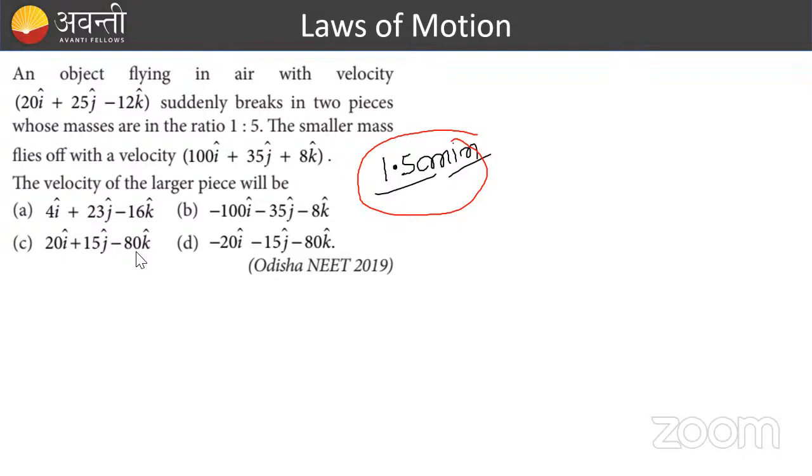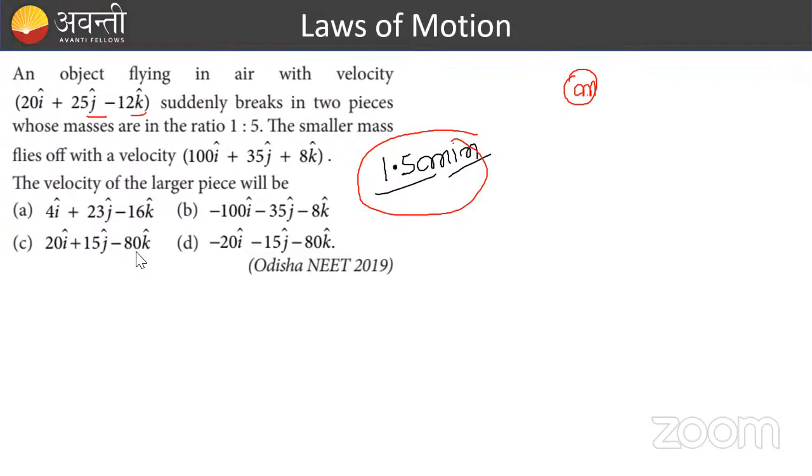Chalo, I'm giving you one hint here. What is happening? There is an object. Suppose the object has mass m. It is flying in the air and its velocity is given. Its velocity is in the x direction, y direction, and z direction, right?